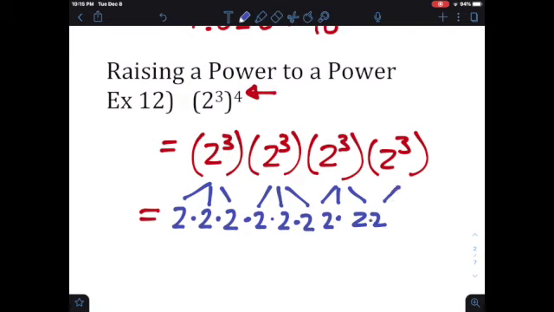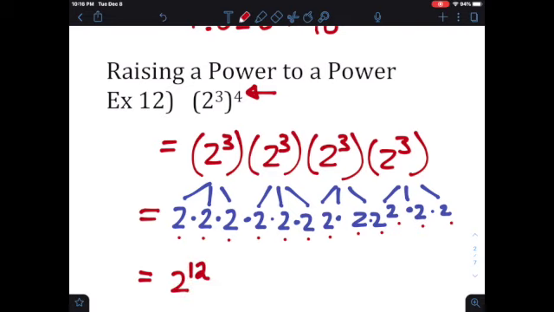And then the last one, you have 2 times 2 times 2. So really, if you think about it, the 3 right here is going to be how many altogether? Well, let's count. You have 1, 2, 3, 4, 5, 6, 7, 8, 9, 10, 11, 12. Ooh, that's really 2 to the 12th power.